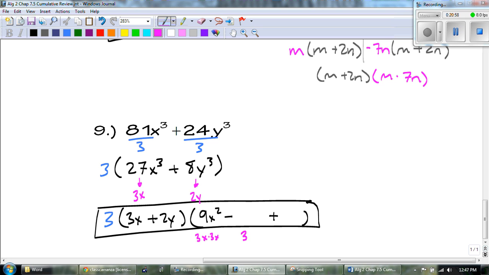We do 3x times 2y. 3 times 2 is 6, and then we just combine the variables. And then the last one is the 2y times 2y, which gives us 4y squared. And that's our final answer. Remember, all we're doing is following a pattern for that.